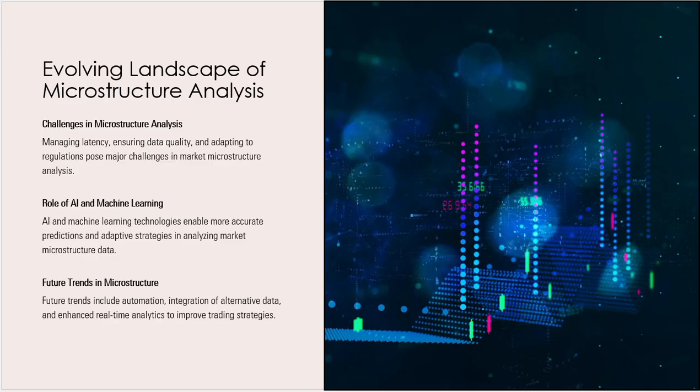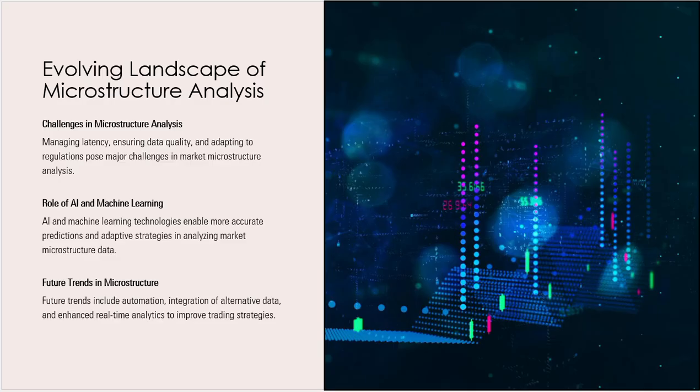The complexity of microstructure analysis increases, requiring more sophisticated tools and techniques. The rise of artificial intelligence and machine learning is transforming how microstructure data is analyzed, enabling more accurate predictions and adaptive strategies.